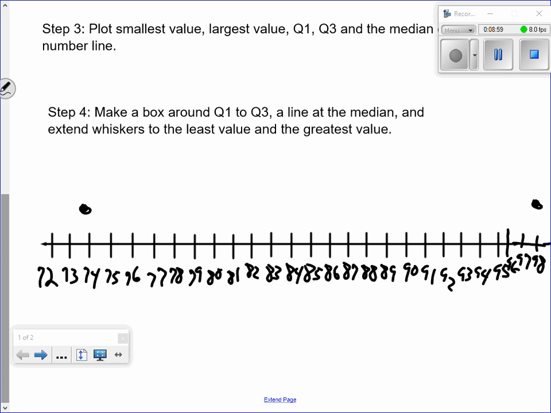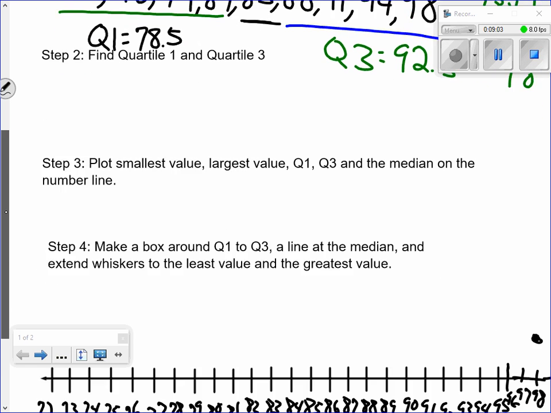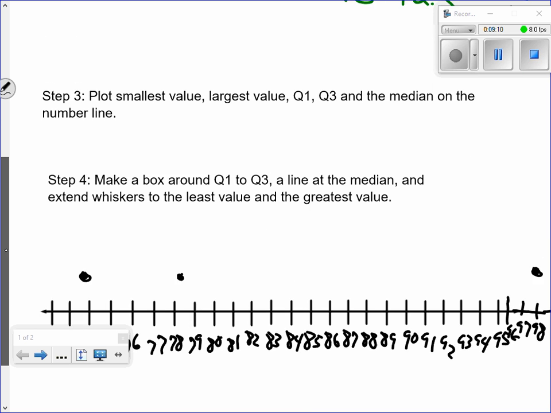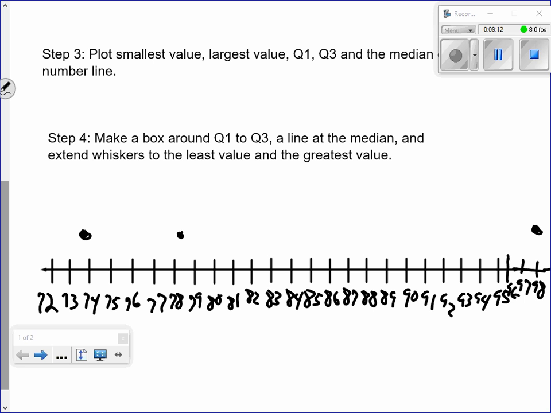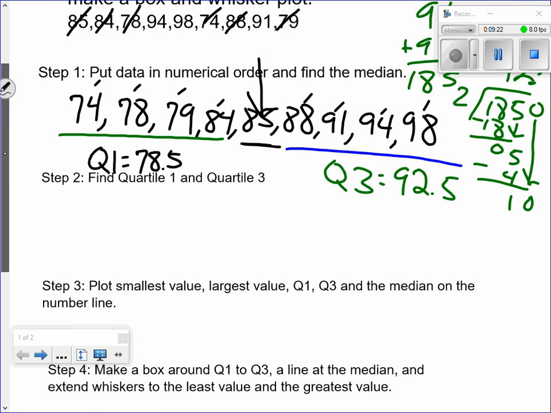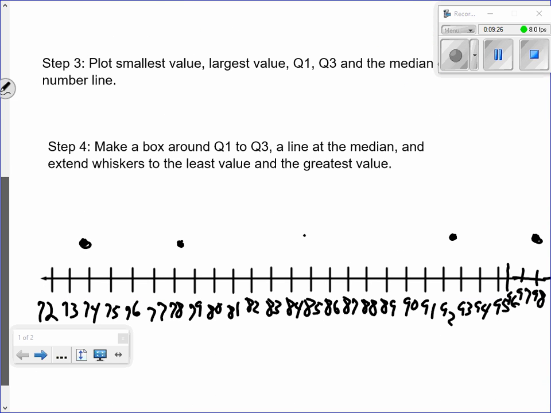We need Q1. What did we decide Q1 was? 78.5. So we go 78 and 79, halfway in between there, so we make that dot there. What was Q3? 92.5. So we put a dot here. And the median. What was our median? 85. Put a dot there at 85.